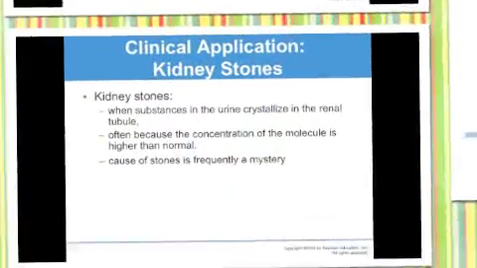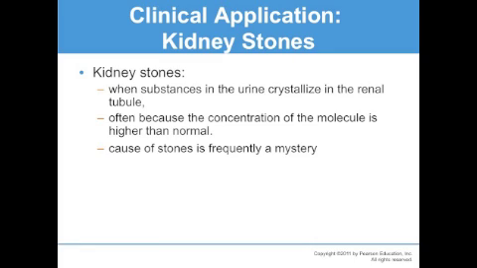One of the problems that can develop in kidneys are kidney stones. There's still a pretty good mystery around why stones form, but when they do, there are substances in the stones that are crystallized urine that are in the tubule, often because the concentration of the molecule is abnormally high.